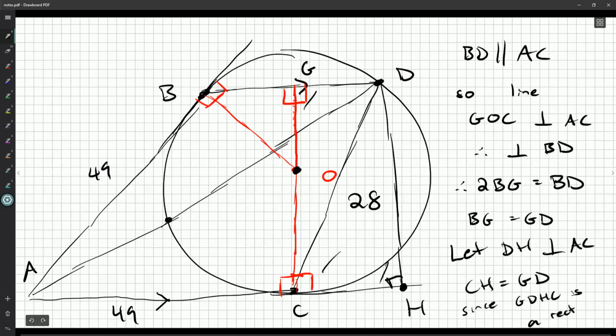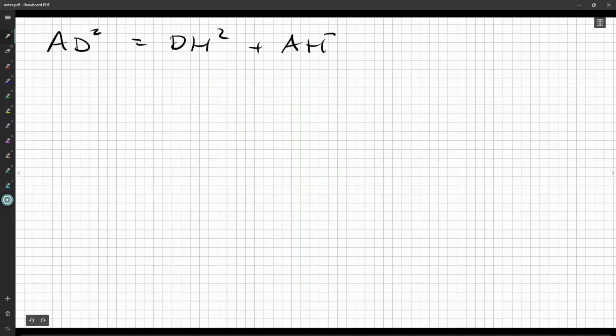Then I guess I'd at least get an equation. AD squared is DH squared plus AH squared, and AH is AC plus CH.